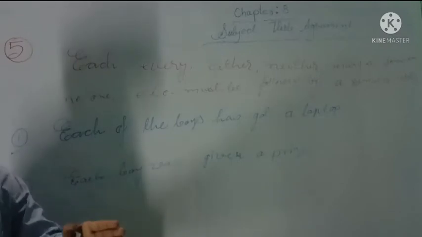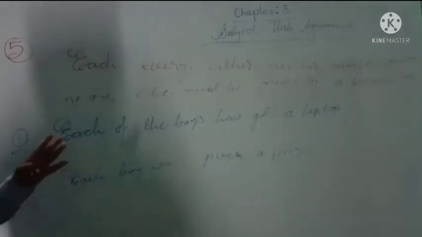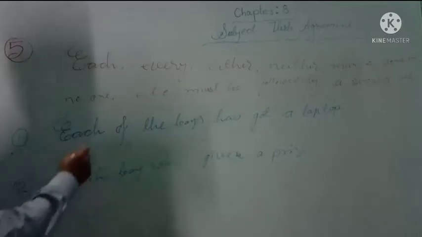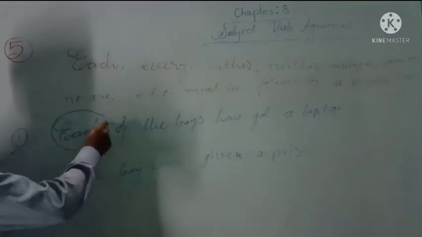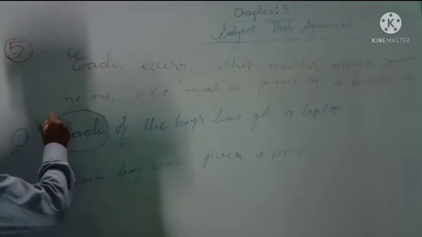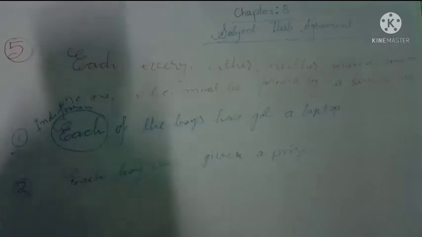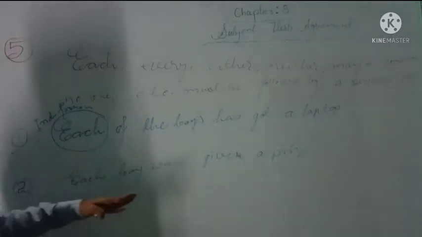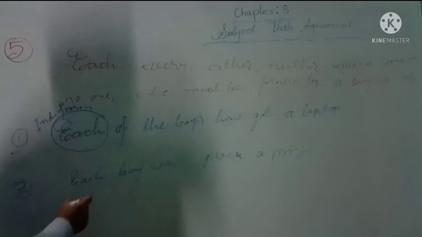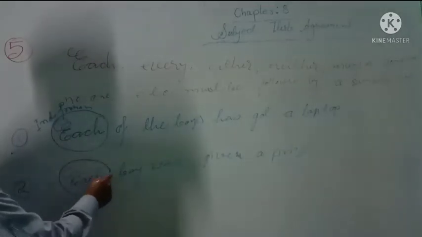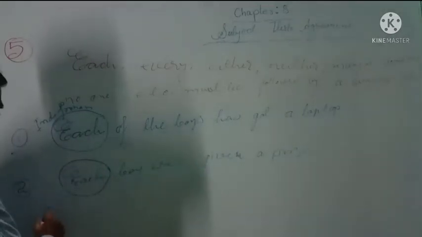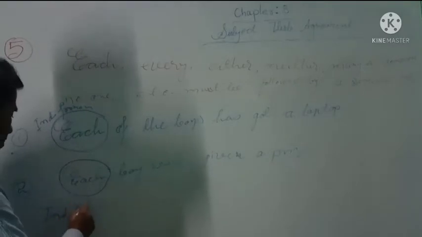In the first sentence, we have each of the boys has got a laptop. This first sentence begins with an indefinite pronoun, that is each. Whereas the second sentence, each boy was given a prize, begins with a determiner, or you can say indefinite numeral, that is each.